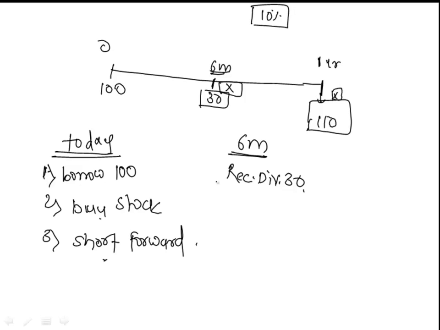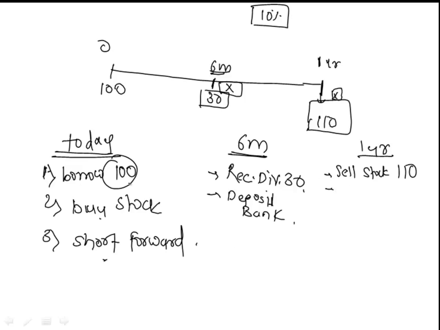And I will deposit this dividend in the bank. 1 year from now, I will sell my stock at 110. And since my bank also requires me to pay the loan of 100 plus 10%, I will pay the bank 110, and this position would be squared off automatically.